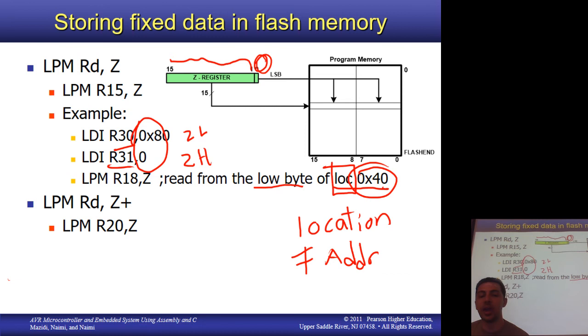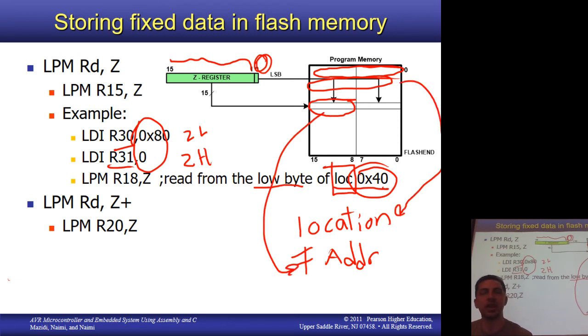Okay? Location corresponds to a 16-bit location, whereas address corresponds to an 8-bit value. So that's address, that is location. So if I tell you about a location, I'm talking about a 16-bit thing.